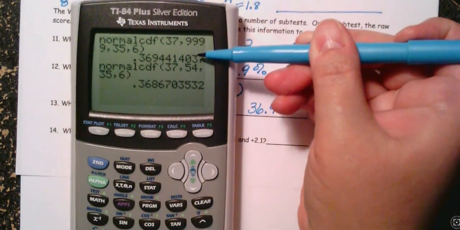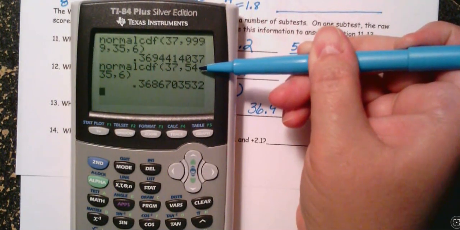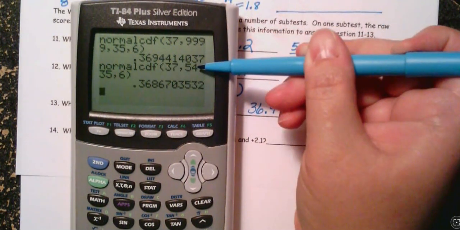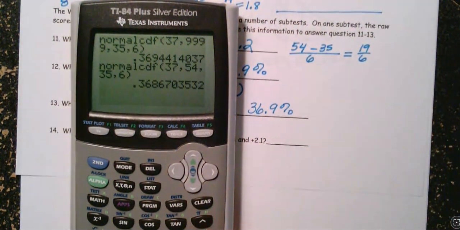This number is bigger than this number. But 54 is high enough that very, very few people scored above that. So if we're rounding to the tenths place, the number of people who scored from 37 to 54 is almost the same as the number who scored from 37 up to infinity.